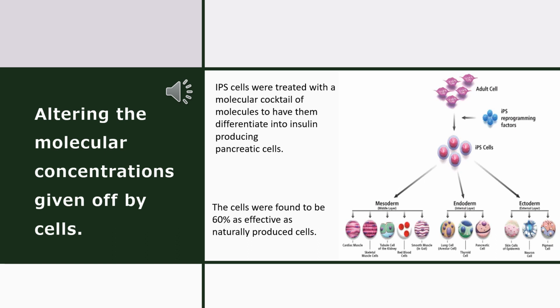These cells in particular were found to have 60% of the effectiveness of regular insulin-producing cells, which, while not being perfect, is definitely a good direction.